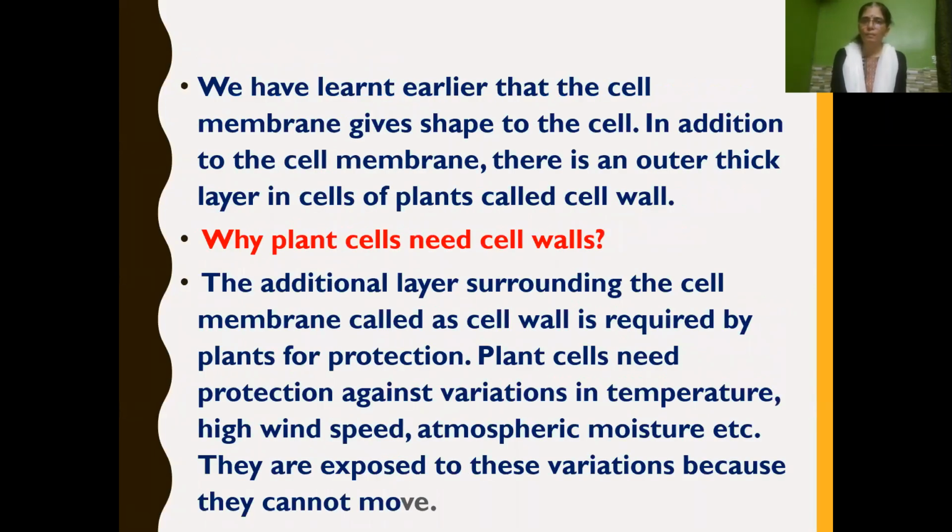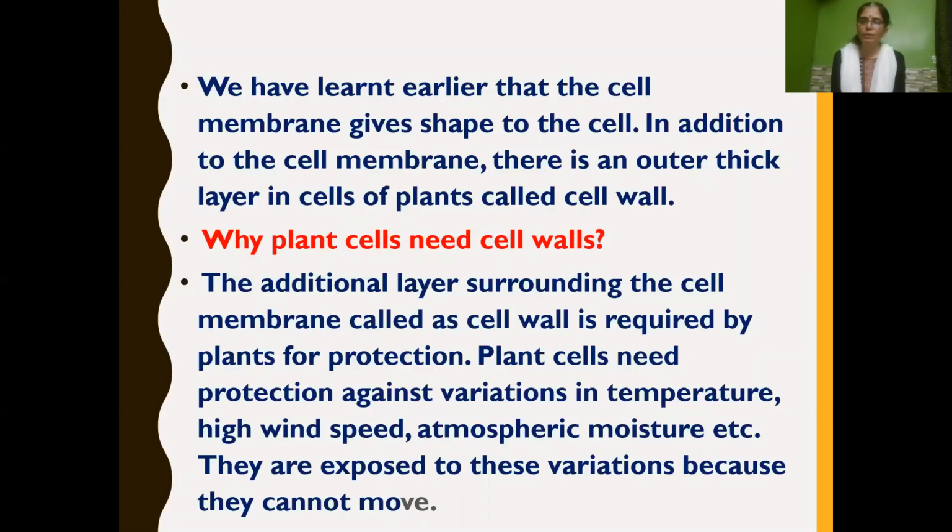Then we have also learned that the cell membrane gives shape to the cell, and in a plant cell, in addition to the cell membrane, there is an outer thick layer, which we call the cell wall. Then we learned the reason why plant cells need cell walls. The additional layer surrounding the cell membrane, called the cell wall, is required by plants for protection.